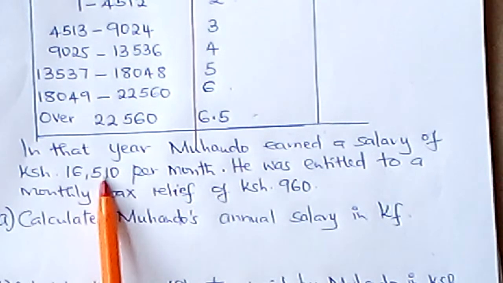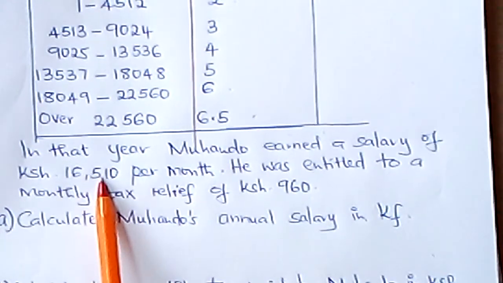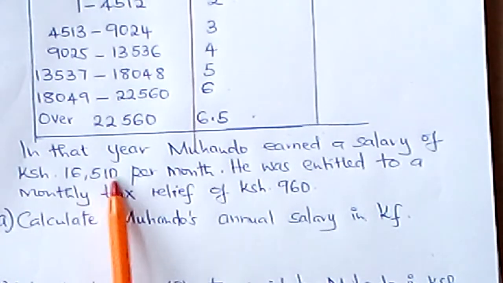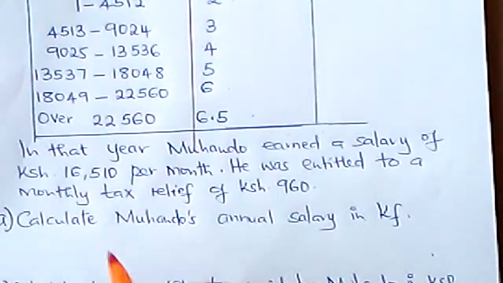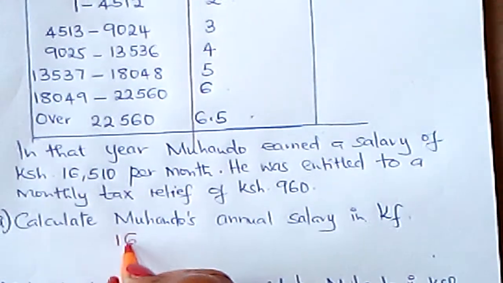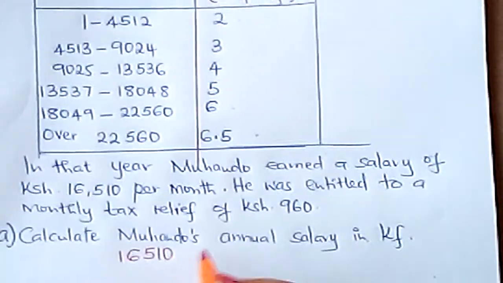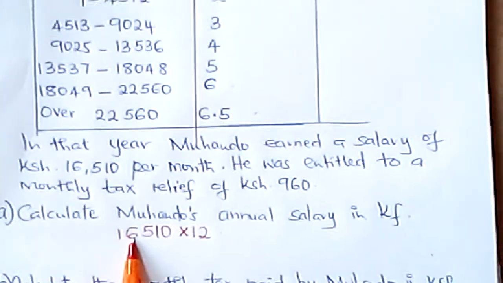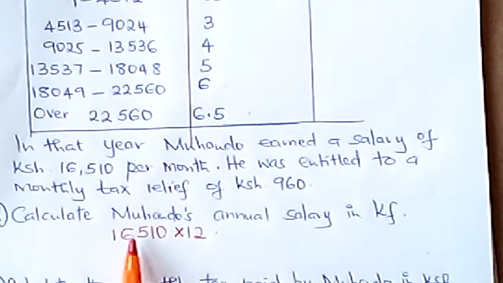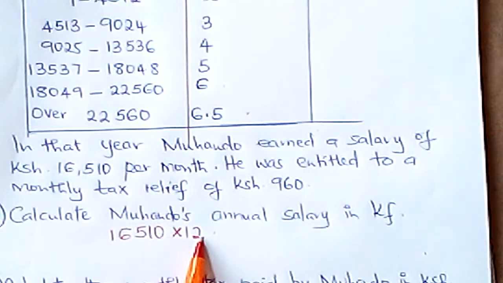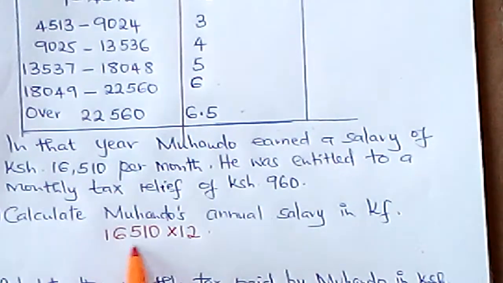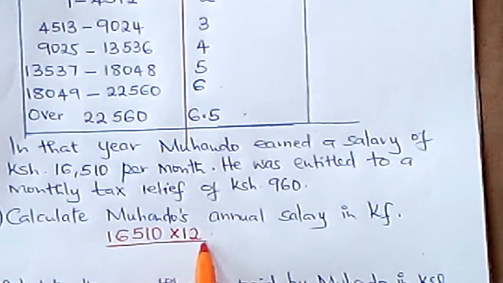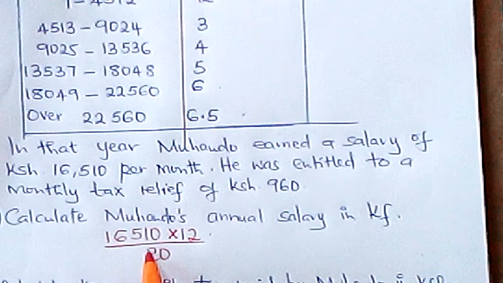Now, learners, you start with per month. What is his salary per month? His salary per month is 16,510 shillings. So per year, you multiply these shillings by 12 months. So this is the salary per year in Kenya shillings, per month times 12 months. And then to convert these shillings into pounds, you divide by 20.